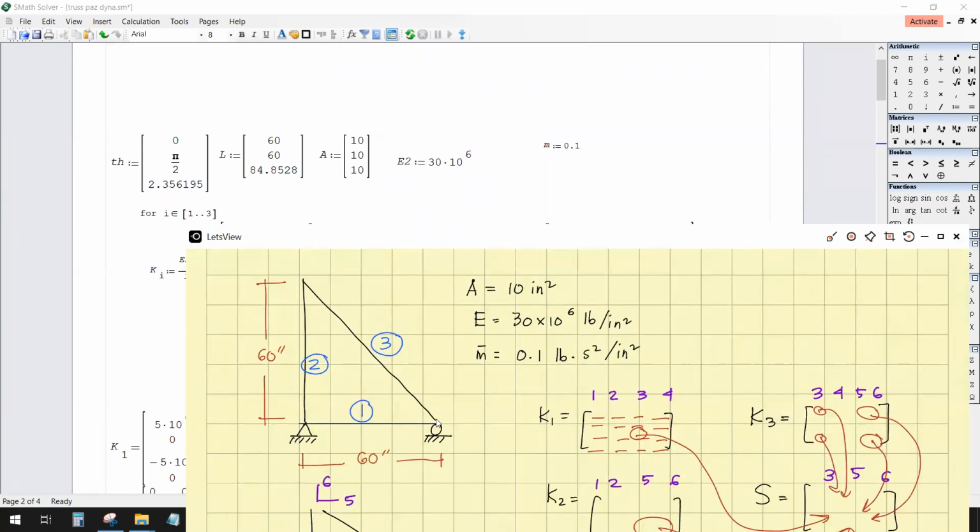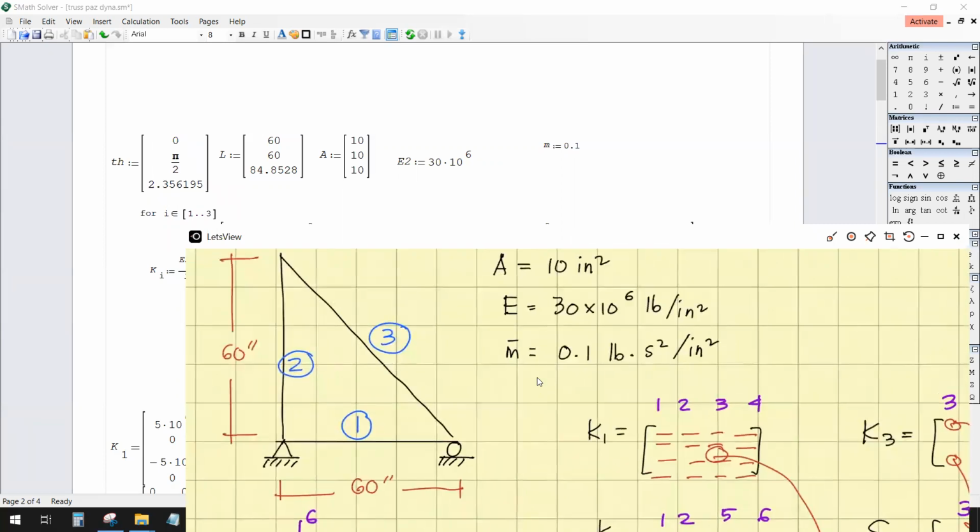Member 3 is 45 degrees from the 60-60 geometry, so therefore this is 135 degrees.